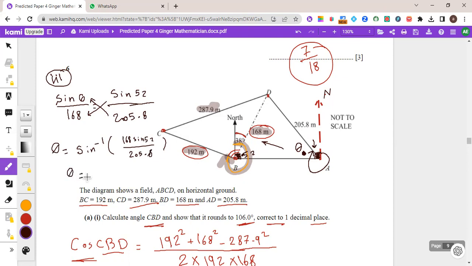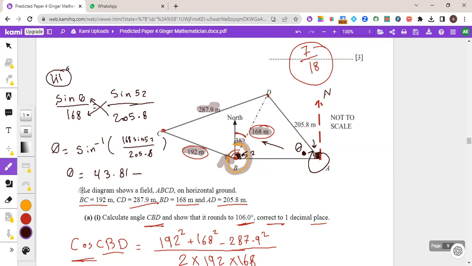So theta equals, it will be 43.8. No, it will be 40. Not 43. 43 or 40?